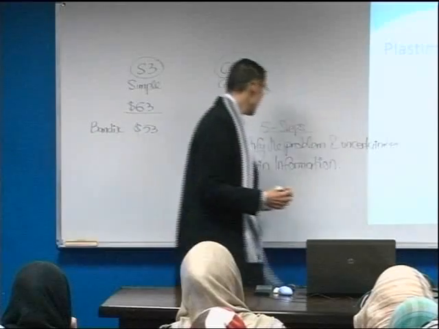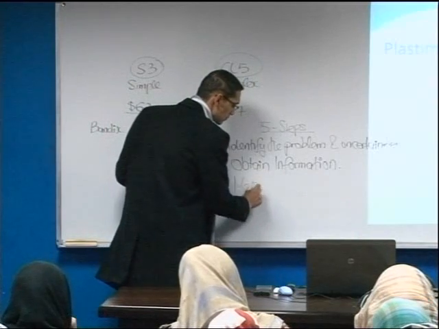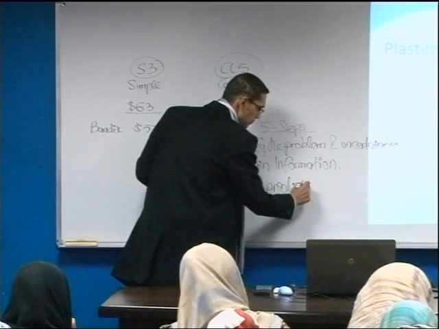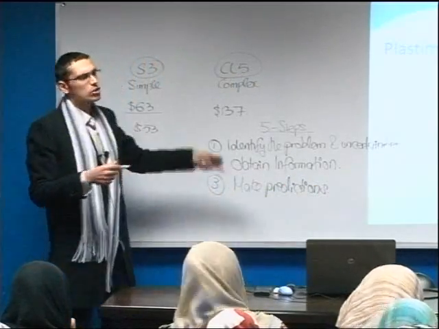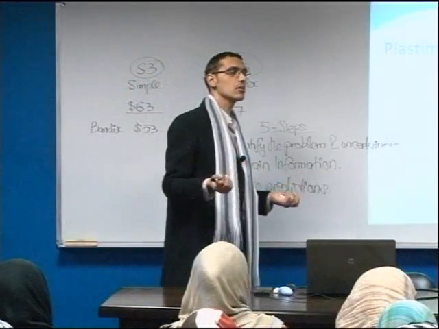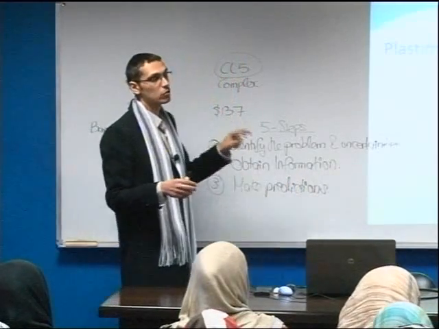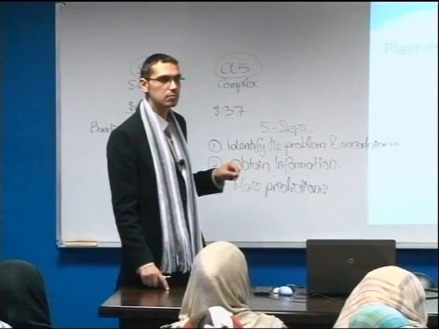Therefore, number 3, we need to make predictions. Of course, predictions about the future. What are the sort of predictions that we need to make here? Of course, after obtaining the information, we said that we might have a problem in our costing system.